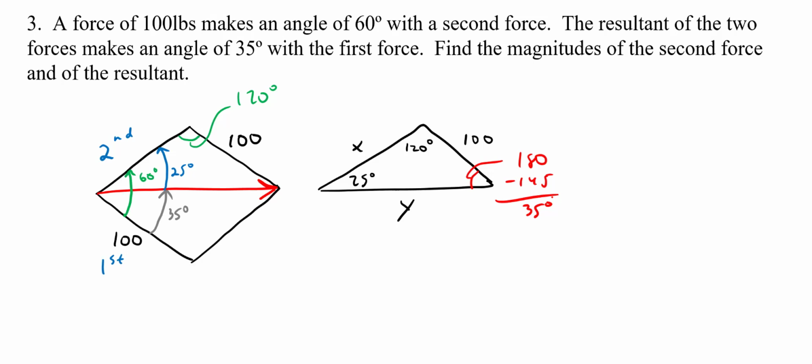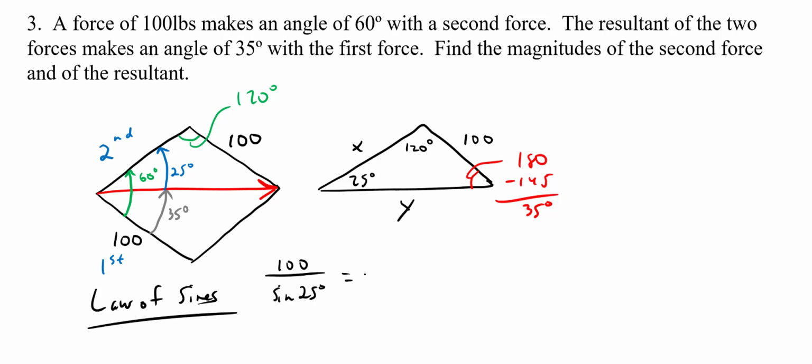Okay, so now we have all our angles and we have one side, so we can definitely use law of sines to figure out both of them because we have side-angle relationships here. Again, this is all with law of sines. We're going to do 100 over sine of 25, because that's what we know, is equal to y over sine of 120.